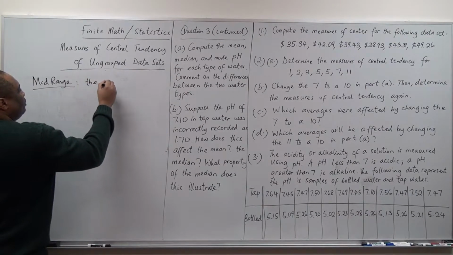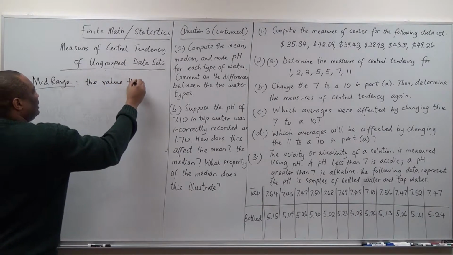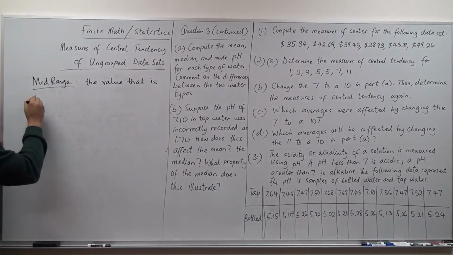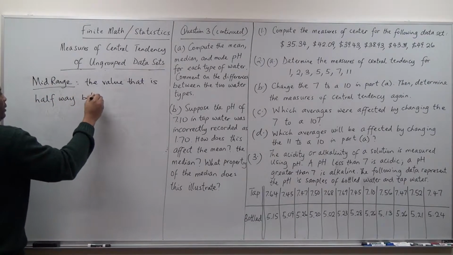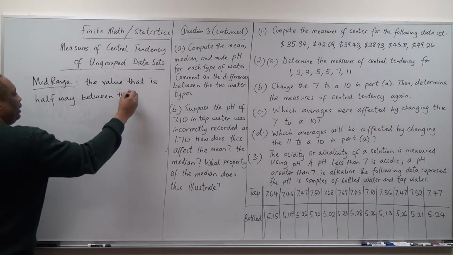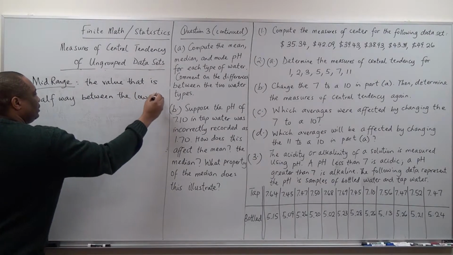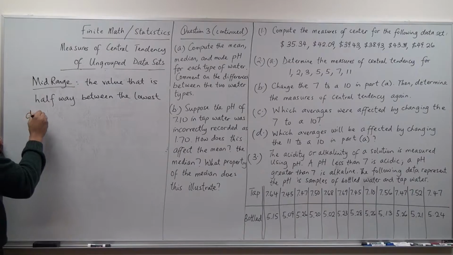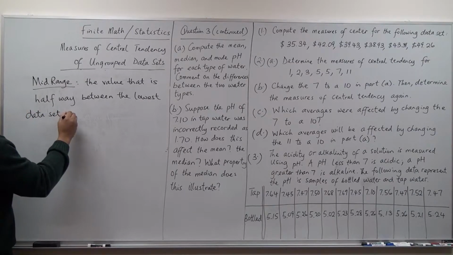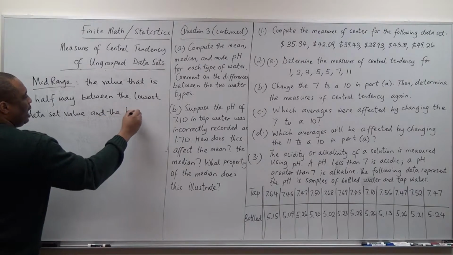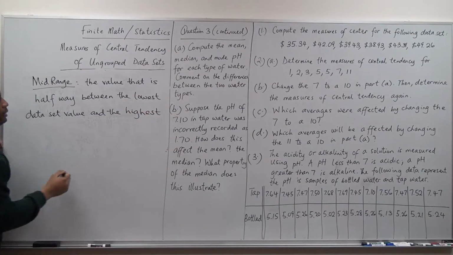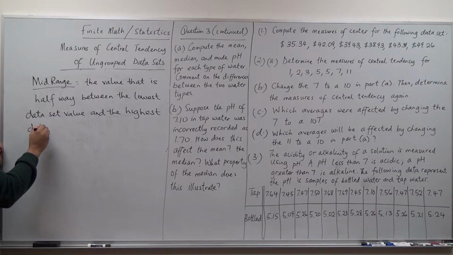The value that is halfway between the lowest data set value and the highest data set value.